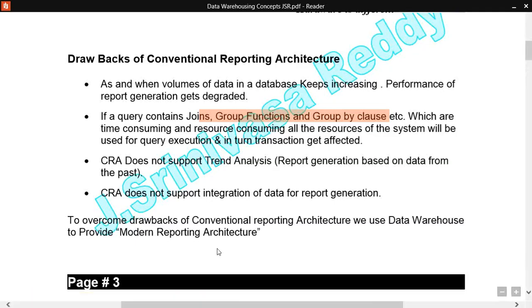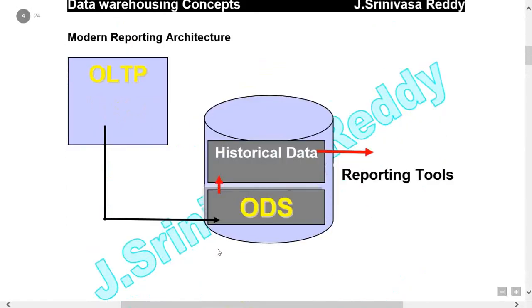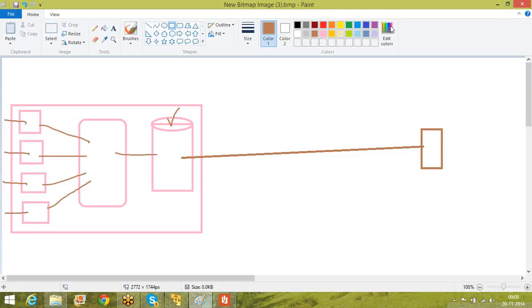To overcome the drawbacks of conventional reporting architecture, we are going to work with modern reporting architecture. The modern reporting architecture was introduced to overcome the drawbacks of the conventional reporting architecture.